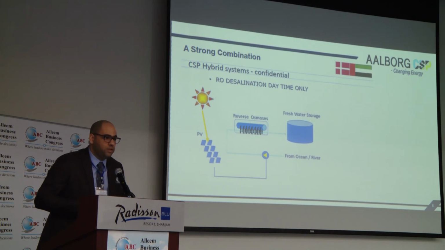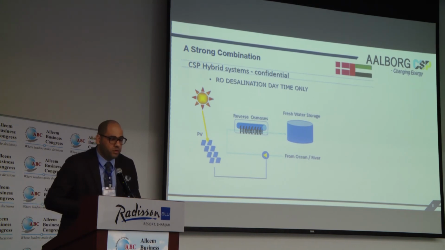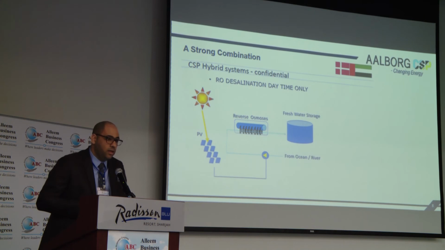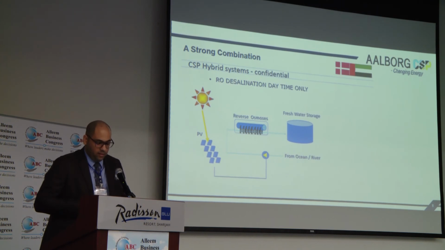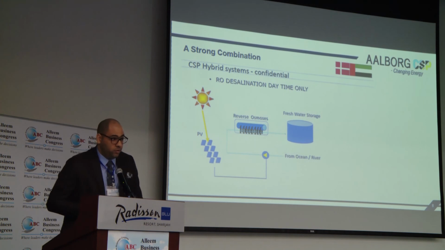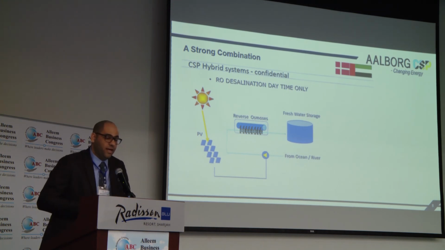There are two most used desalination technologies: reverse osmosis, RO, or multiple effect distillation, MED. In this slide, you can see that PV can collect the sun rays and produce electricity to drive the RO. But here, you can only desalinate water during the daytime whenever the sun is available, as there is no storage. And we all know that one of the killer factors in PV is storage in terms of batteries.